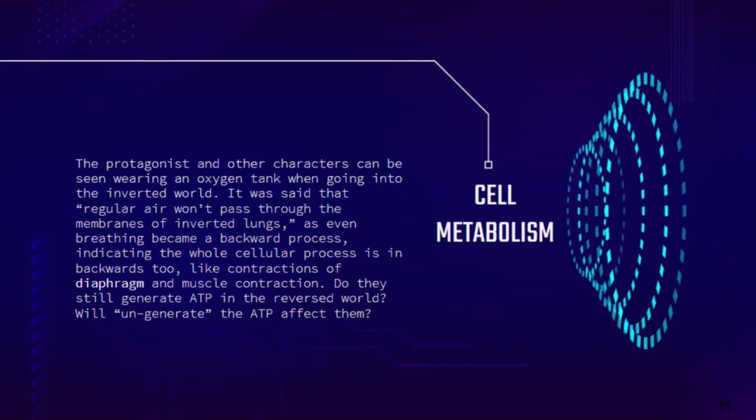Furthermore, in this infected world, because breathing has become infected, the whole cell processes are becoming infected too. Therefore, here we will focus on metabolism by trying to answer: do they still generate ATP in the reverse world, or will ungenerated ATP affect their body activities?